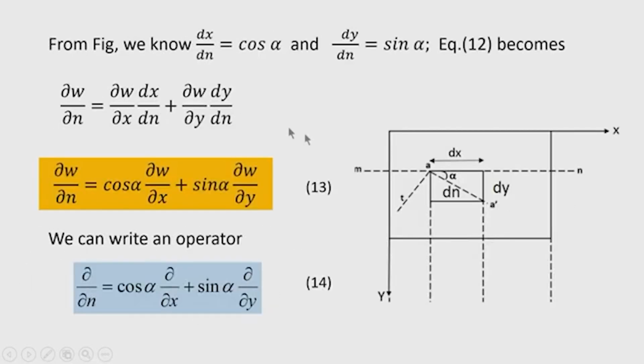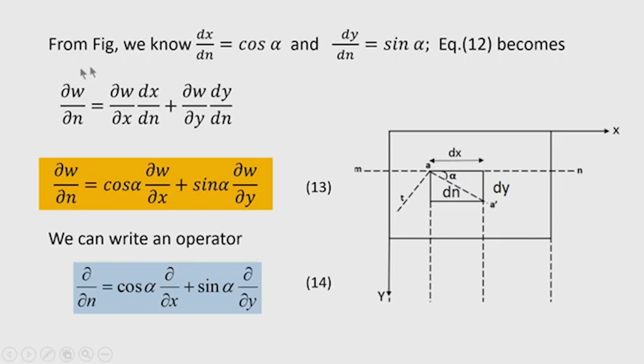Okay. From the figure, if you consider this figure where this is dx, this is dy, and this hypotenuse I have symbolized as dn. This angle is alpha. So, from this triangle it is obvious that dx/dn is cos α and dy/dn is sin α.